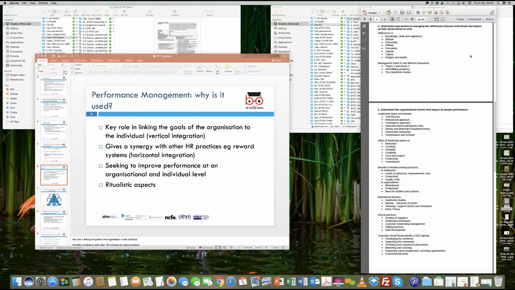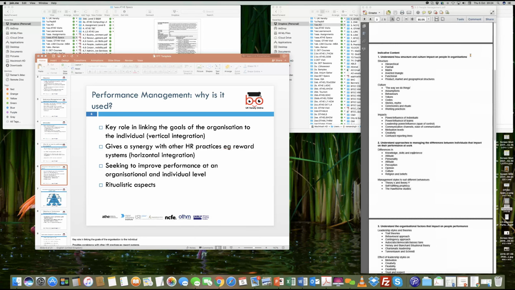Leadership theories and management theories are a common theme across some of the units, because at level 5 they are asking you to show the application of leadership and management theories rather than wanting you to explain what leadership theory is or the types of leadership theories.